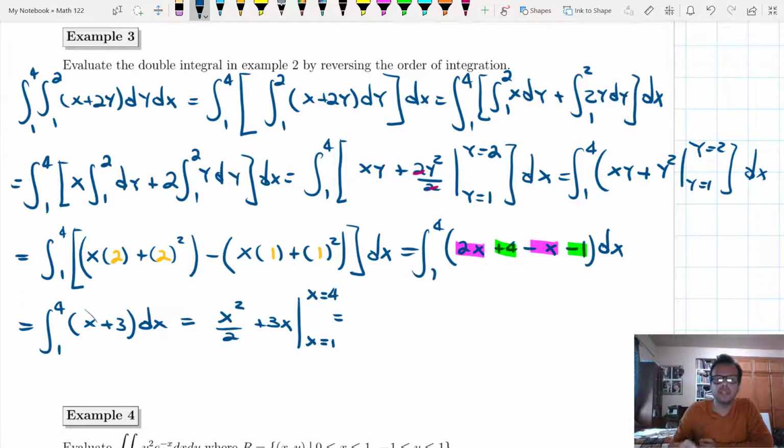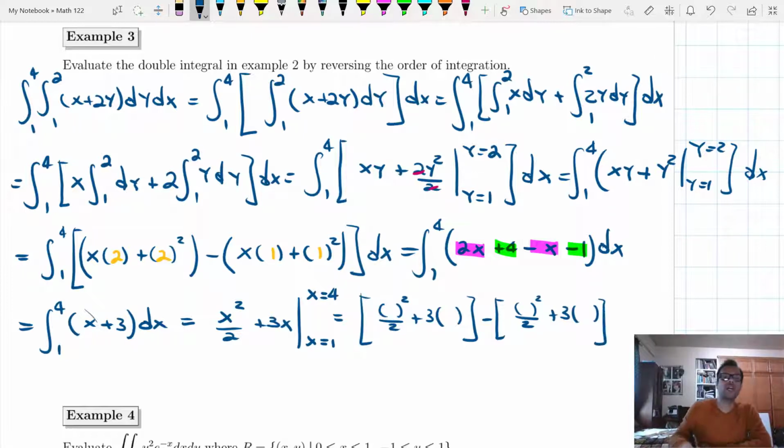Okay, so let's see. Quantity squared divided by 2 plus 3 times quantity, minus quantity squared divided by 2 plus 3 times quantity.